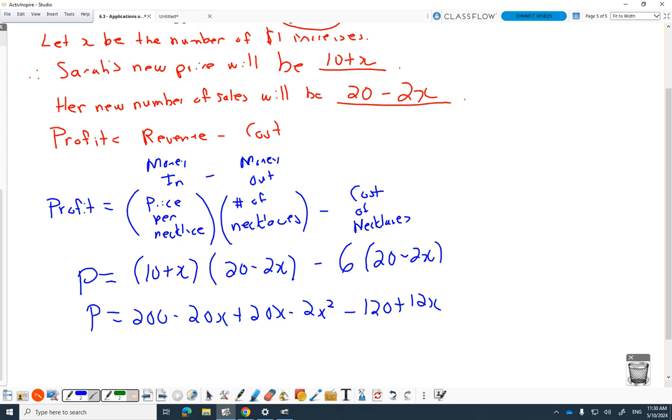So I multiplied out the brackets. Then I collected like terms.